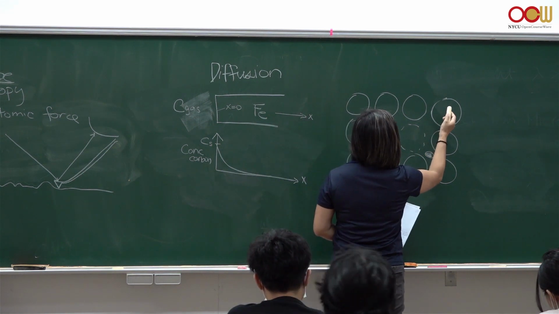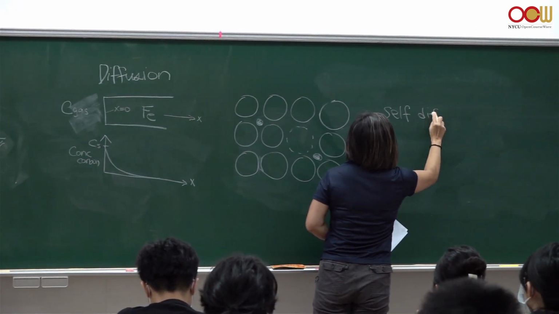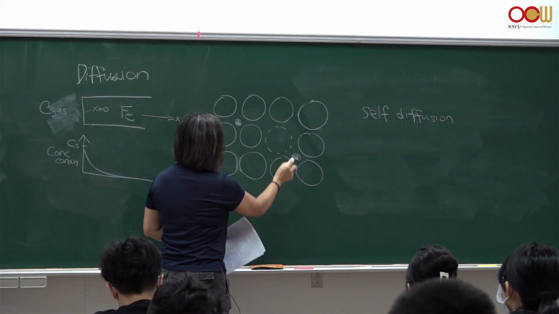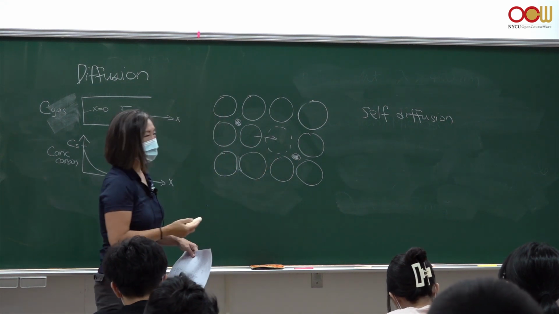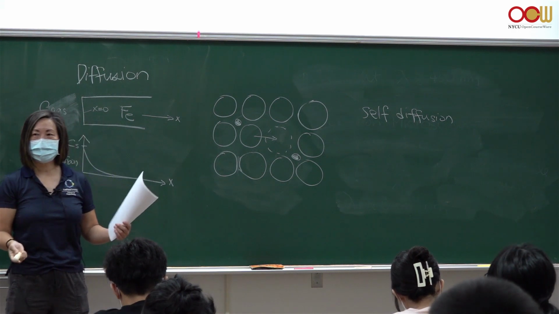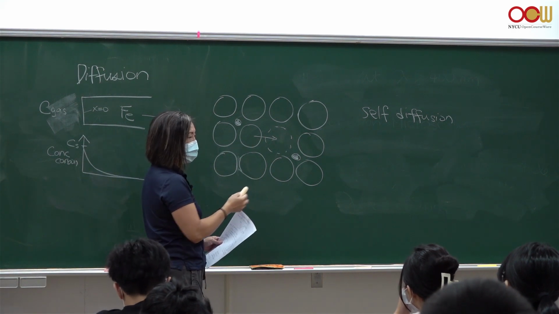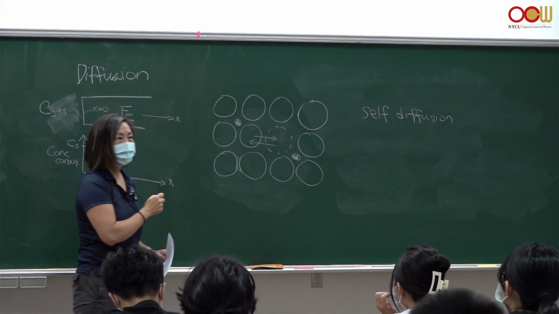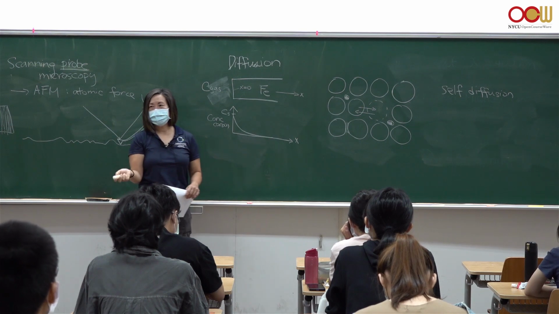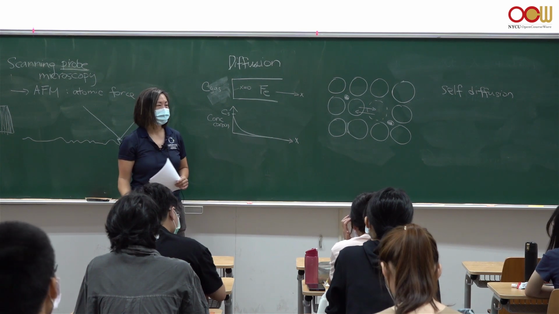And if you have self-diffusion, that is when the atom inside the material moves. So it's not a foreign atom, it's not an impurity, it's just the atom will move to an empty spot. If this atom moves here, then the vacancy moves this way, right? So vacancy diffusion and self-diffusion are the same thing, just in different directions.